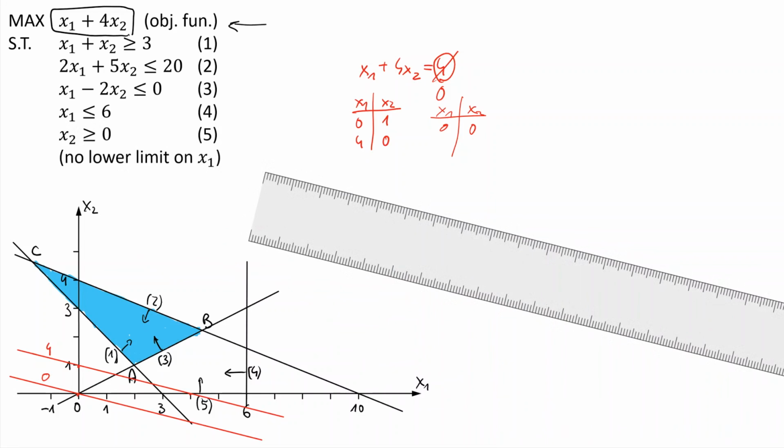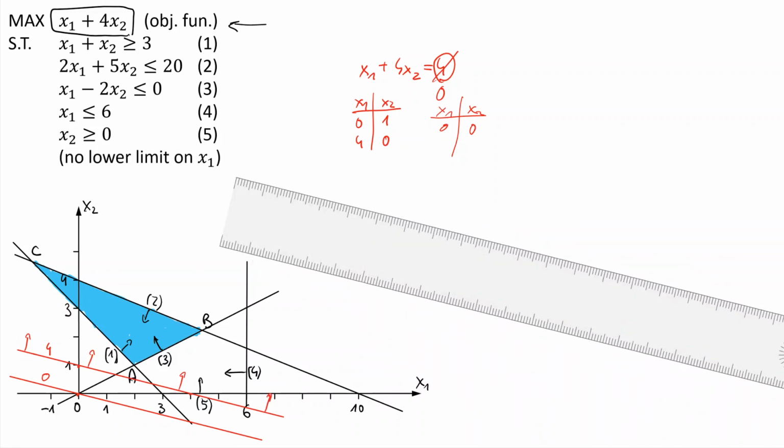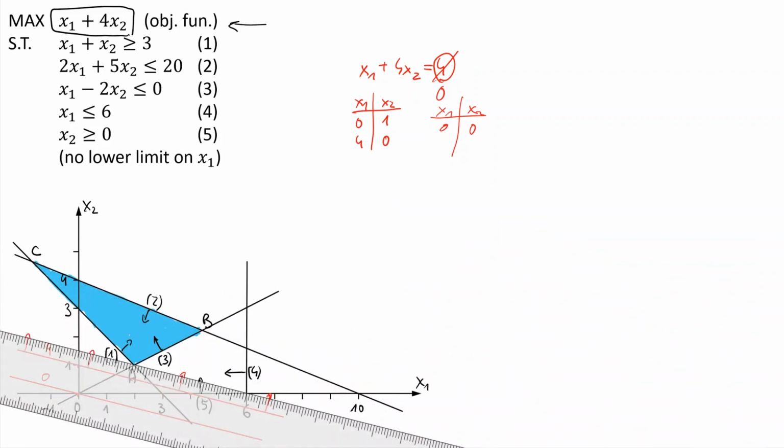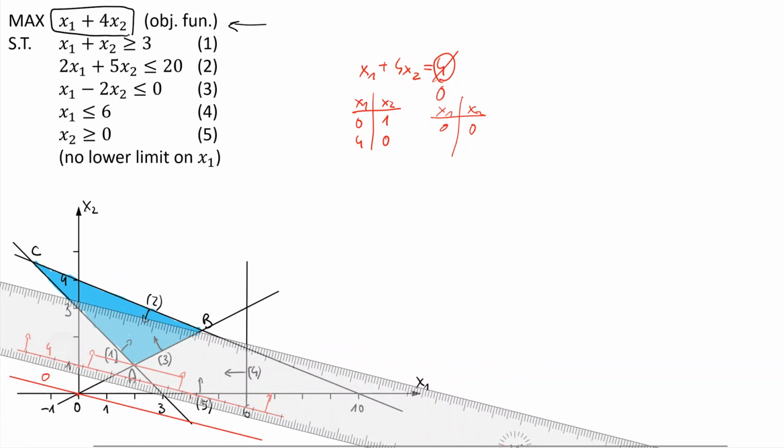So I know if this is objective value 0, this is the objective value 4. If I'm maximizing, all I want is to take it up, slightly to the right. So where is it going to be optimal? Is it going to be point A? No, because above the line that crosses point A, I can still find better solutions. If I go further to point B, is this optimal solution?